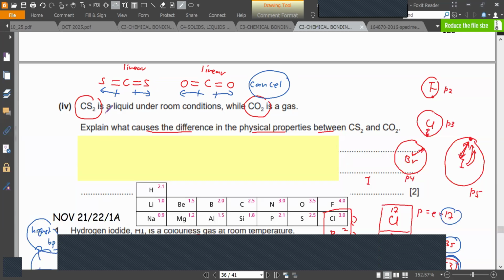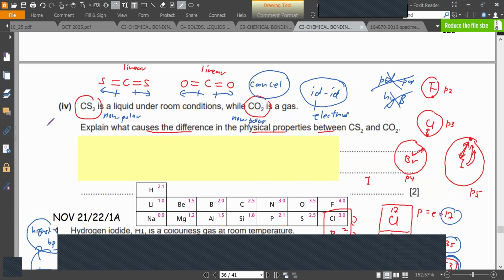So we are saying that they are both non-polar, which means they have ID only. They don't have the PD, and they don't have hydrogen bonding. They only have ID. So if they only have ID, what is the thing that affects the boiling point? Electrons.